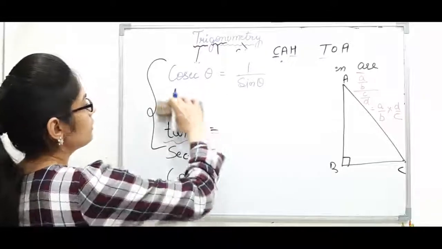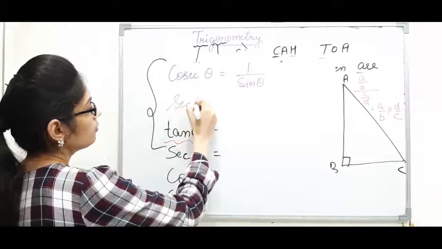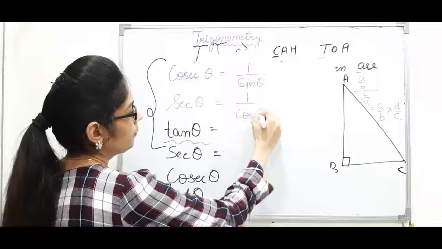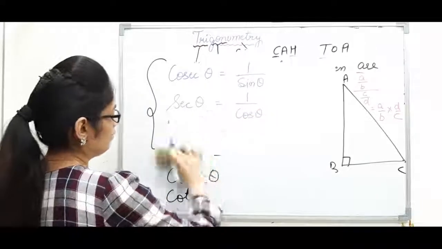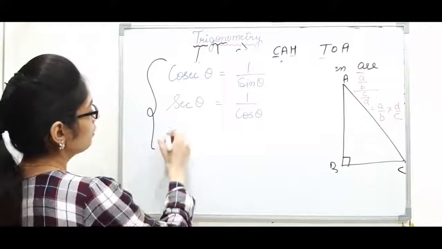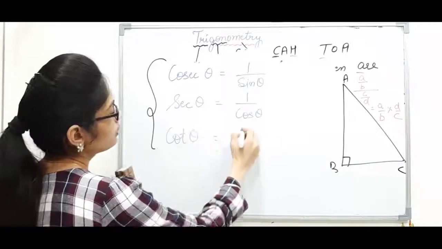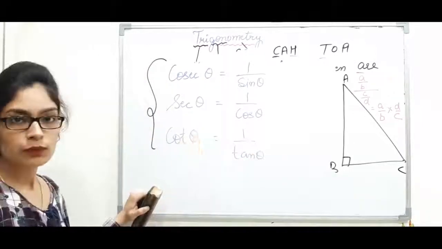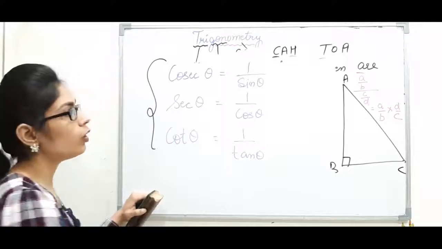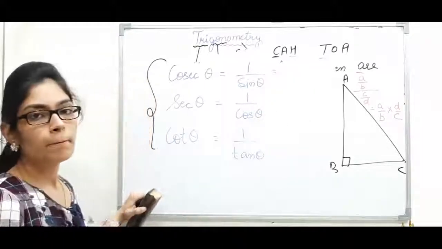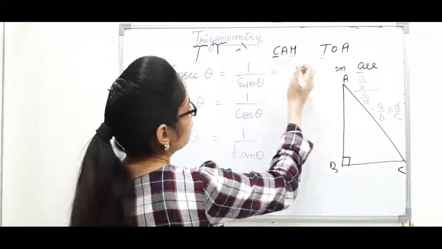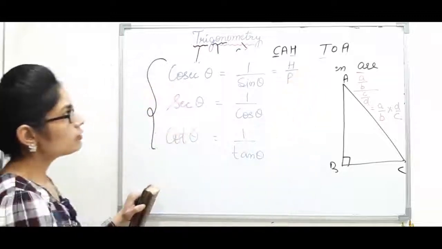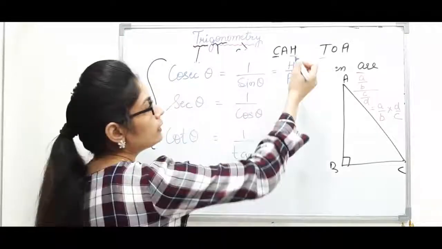Secant theta, written sec theta, is the reciprocal of cos theta. Cot theta is the reciprocal of tan theta. Reciprocal means we interchange numerator and denominator. Sin theta was P by H, so cosecant theta is H by P.